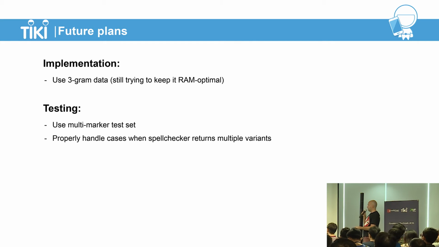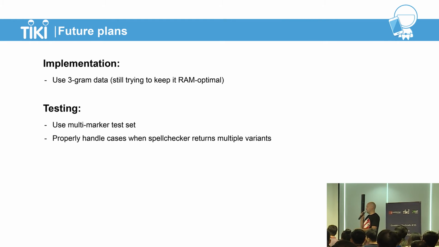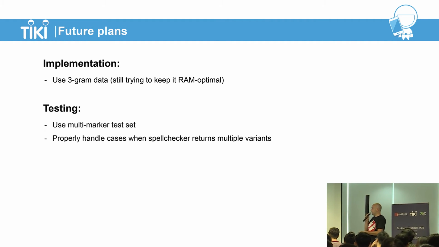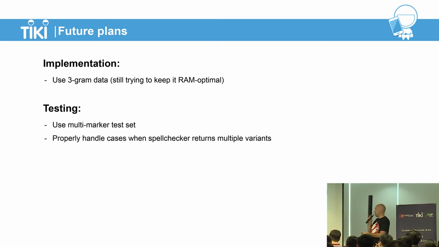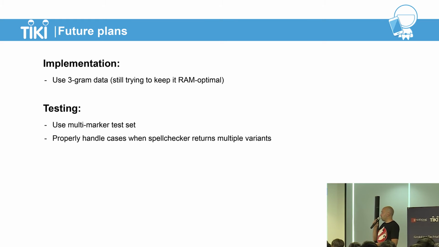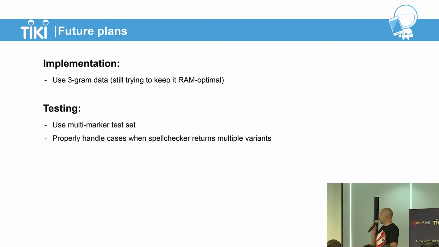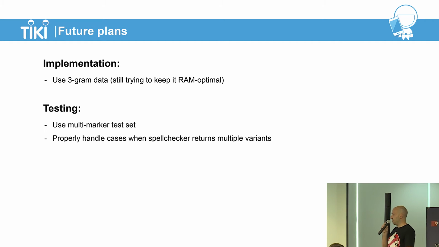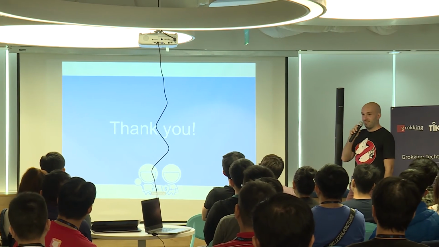So maybe we get somewhat better quality, which does not necessarily convert to more purchases, but still it's nicer to have better quality if it gives a little bit better business result as well. And maybe we will use a better testing approach, allowing multiple variants from our spell checker and multiple variants in our test set. And this is basically the future plans. That's it.